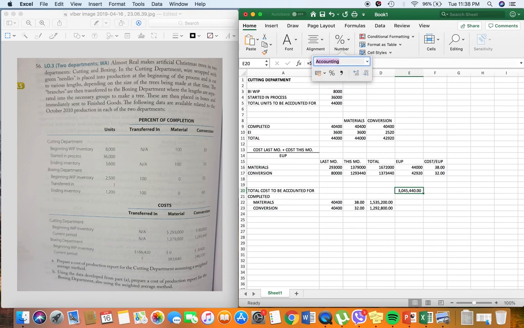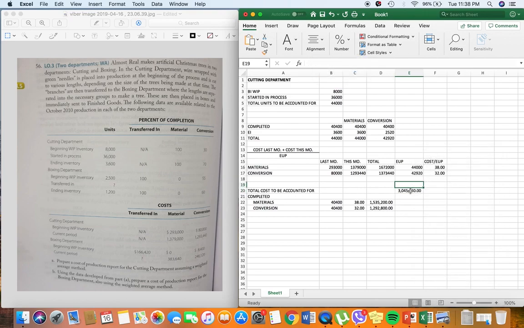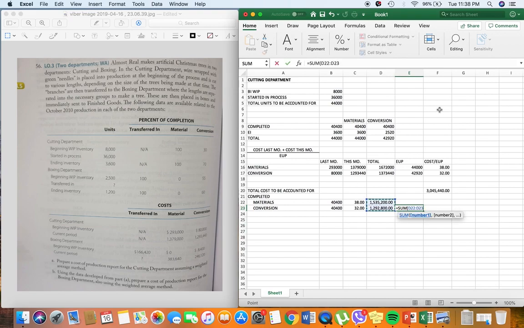I just transfer this here. So we compute the sum, the total cost of the completed units, which is 2,828,000.